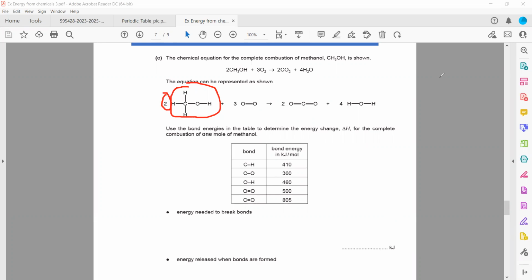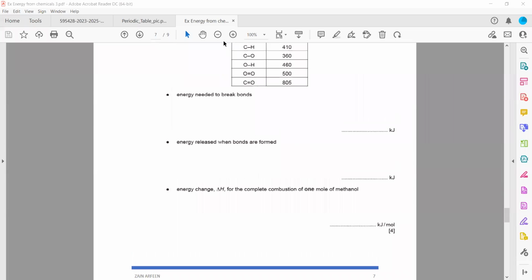If we burn 2 moles of methanol, the energy change is minus 1,300. But in the question, they specifically ask for 1 mole. Because in the equation there were 2, we divide by 2, which gives us minus 650 kilojoules per mole.